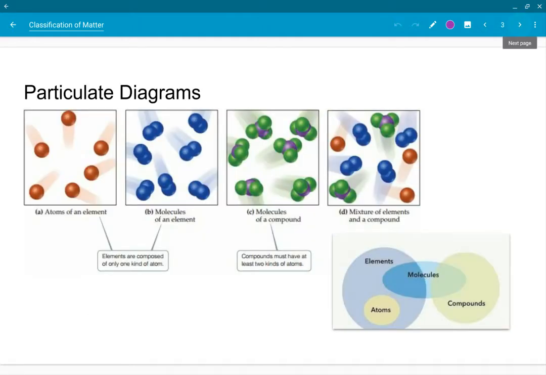So I want you to be able to draw pictures, and they're called particulate diagrams, of atoms and molecules and mixtures and compounds and all these different things. So you can see here on the left, these are pictures of atoms of an element, and it's just showing spheres. Now, when we're drawing atoms, later on, you may want to look at the size of an atom once you know the different sizes.